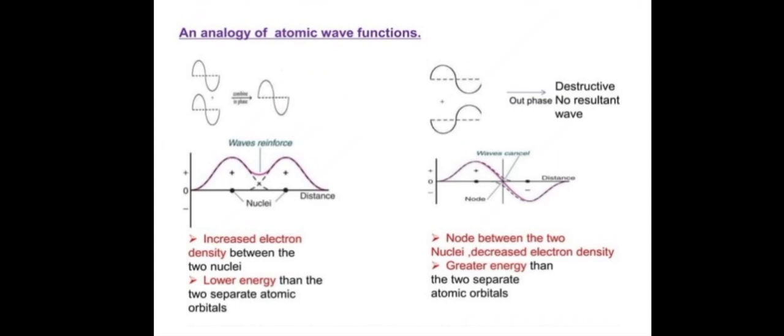The bonding molecular orbital is represented as psi AB equals psi A plus psi B. In the case of bonding molecular orbitals, there will be a constructive type of wave. In the first diagram, you will see a constructive wave. That's a bonding characteristic property.